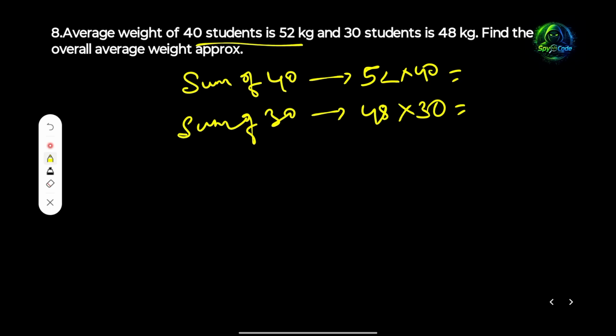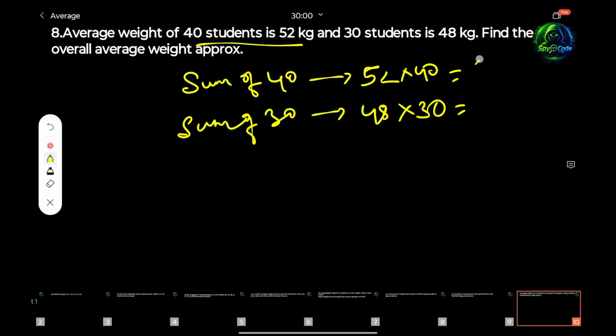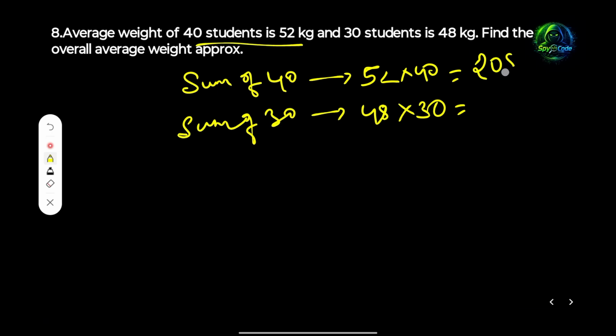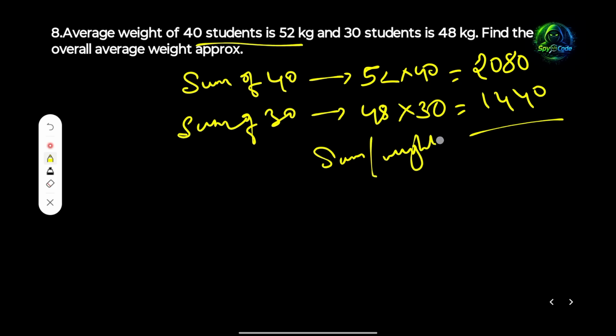Okay, so total sum, upon solving this, it is 2080 and this one is 1440. So the total sum of weights of students is 3520. Okay, average weight.